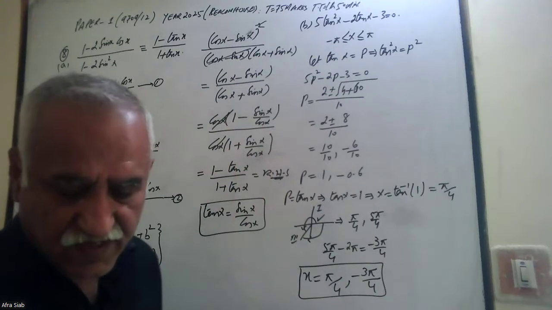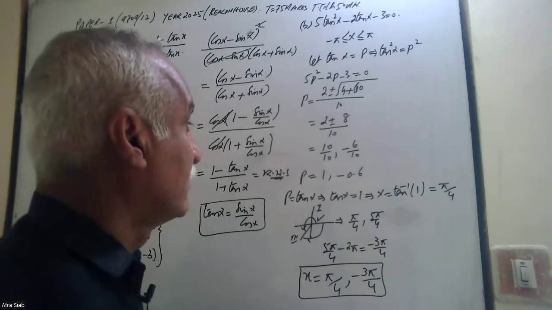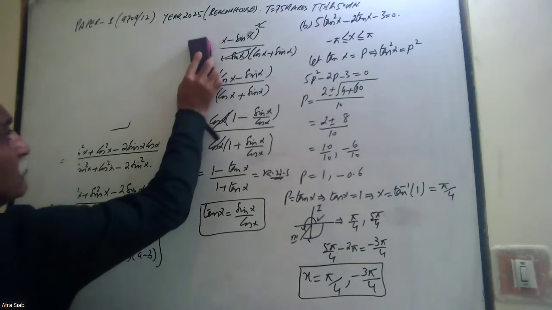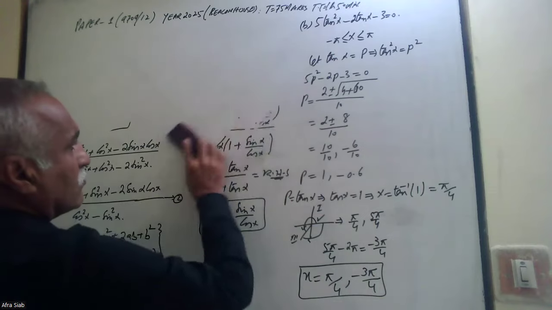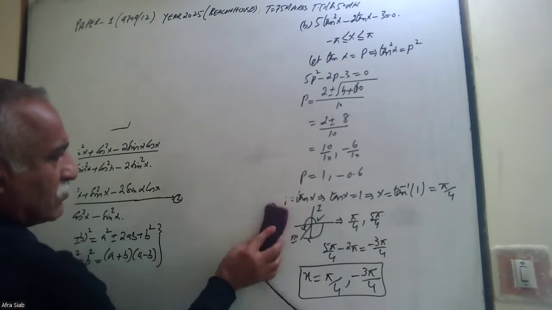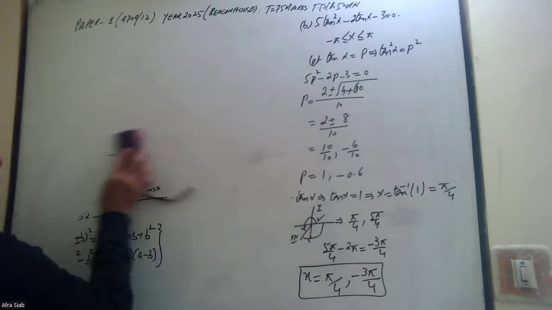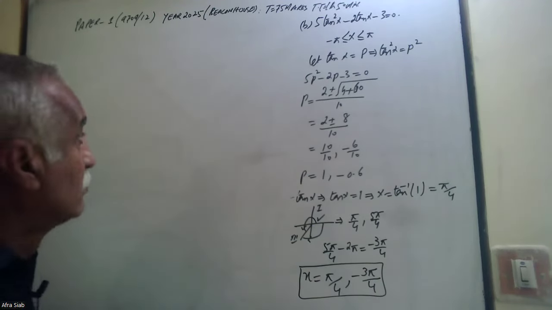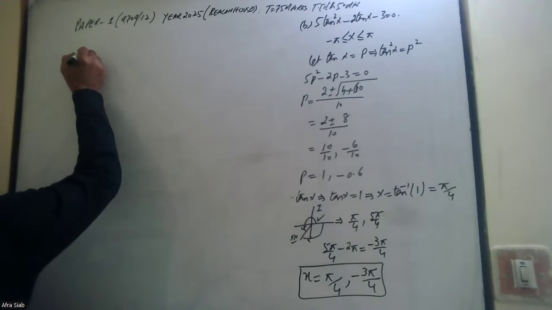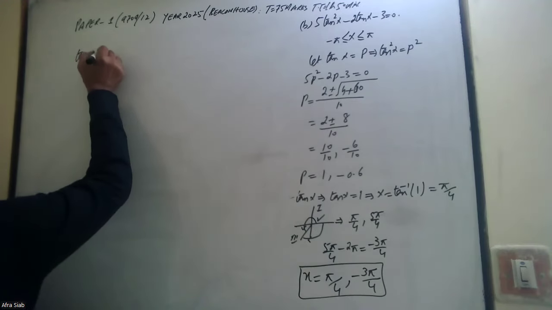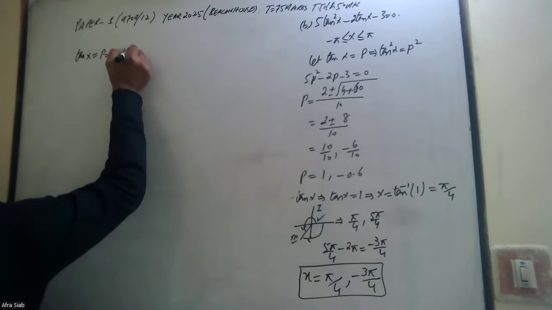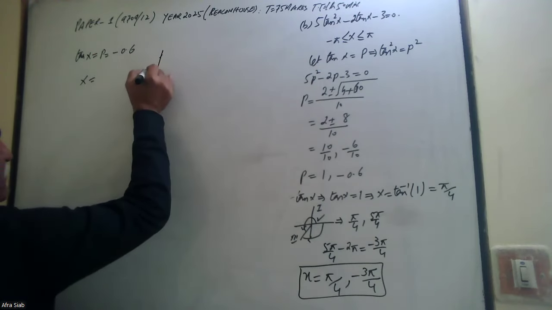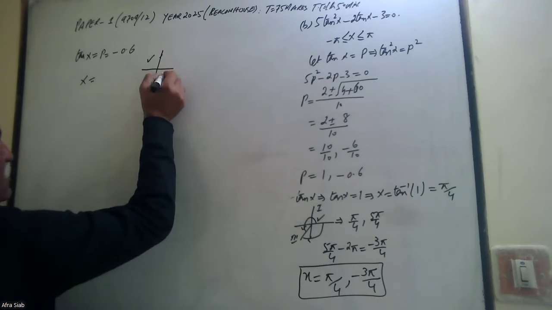And now we will calculate the other value of this expression. So tangent of x is equal to p, and that is equal to minus 0.6. Tangent is negative in the second and the fourth quadrant.